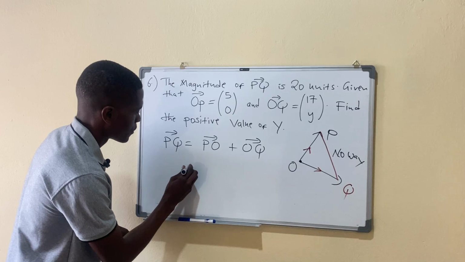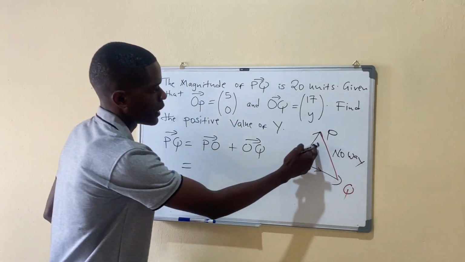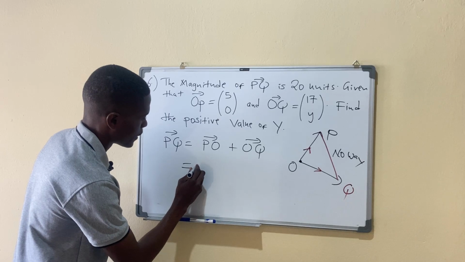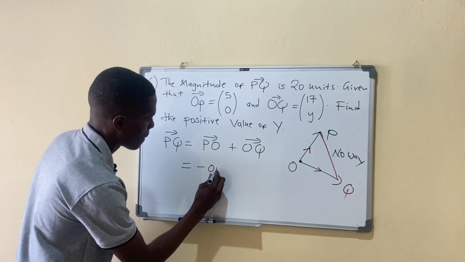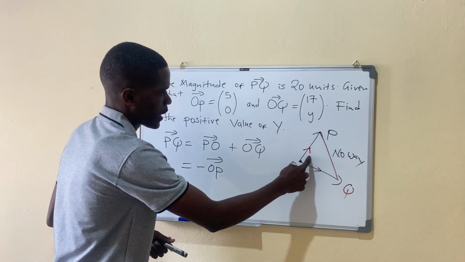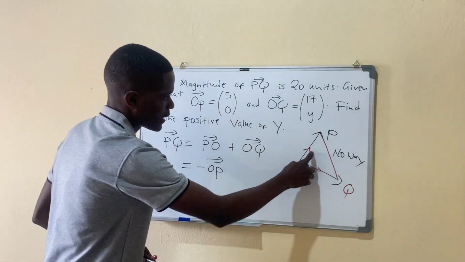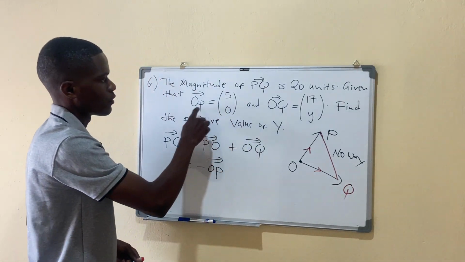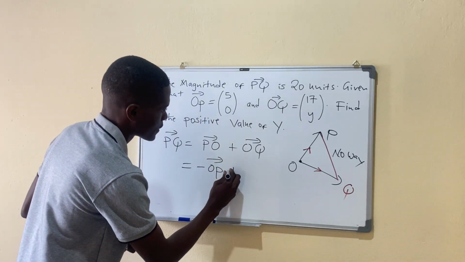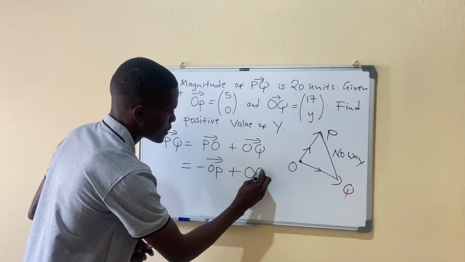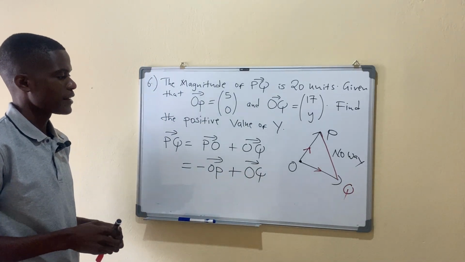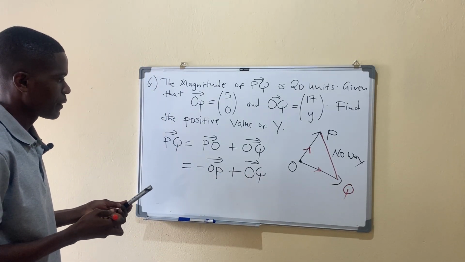Since PO and OP are in opposite directions, we'll add the negative to the vector of P, and then plus our OQ as it is. So this is what will help us find the vector PQ.